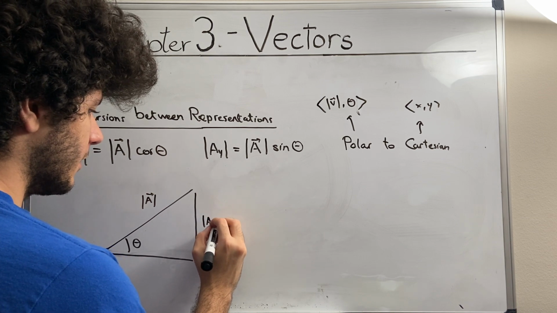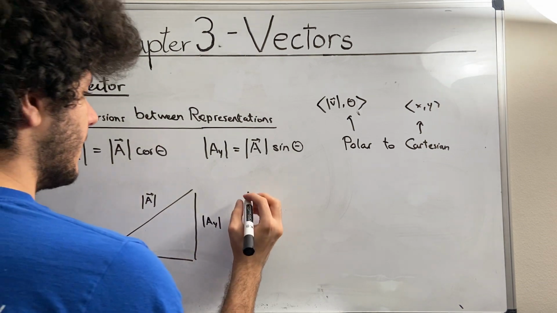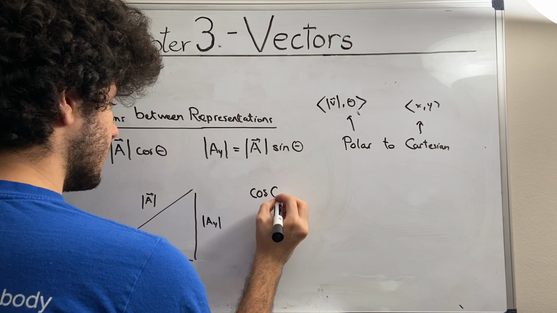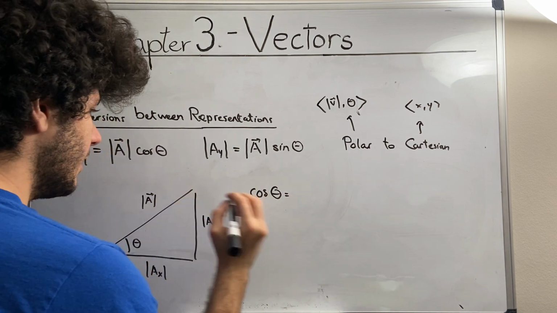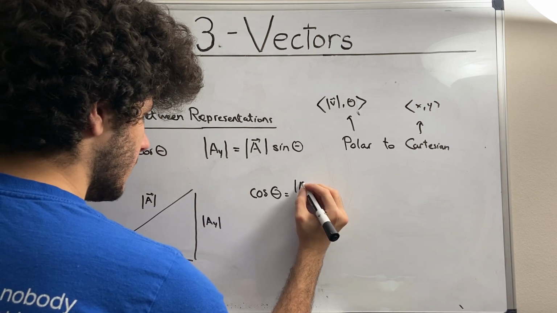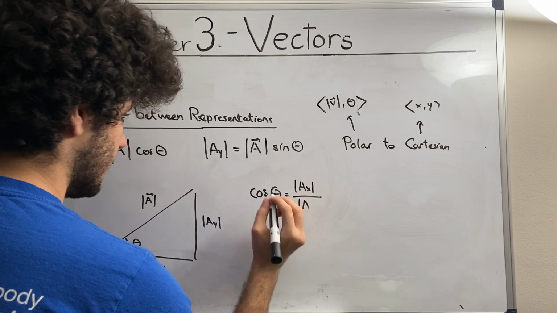Imagine we call this A of y, and this A of x. Then if you think about what the cosine of the angle is, it's equal to the adjacent side over the hypotenuse, which is this.